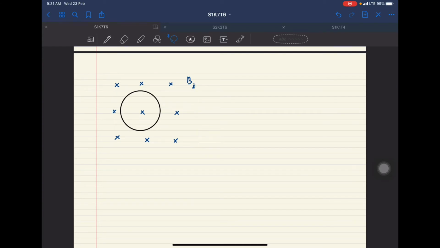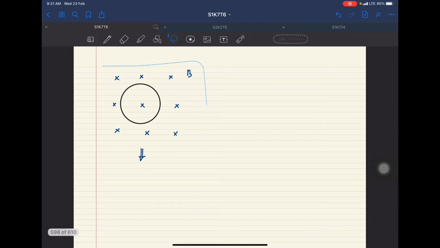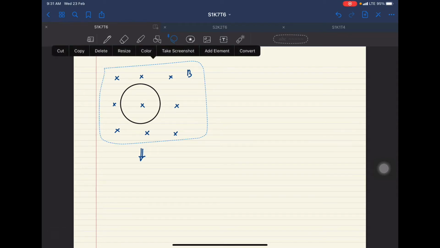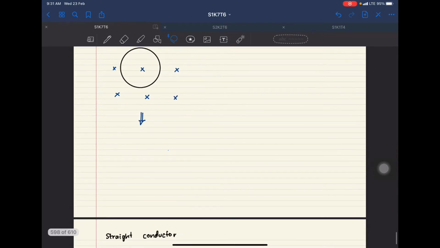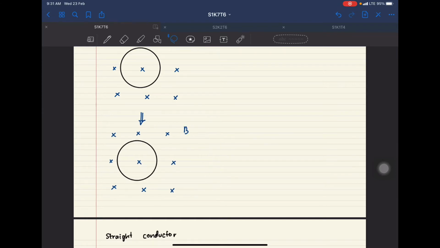For example, over here you have B, so B doesn't change, the magnetic field is constant, but the one that is changing is the area of the circular coil. Maybe it becomes a little bit bigger or a little bit smaller. Let's say I make it a little bit smaller.